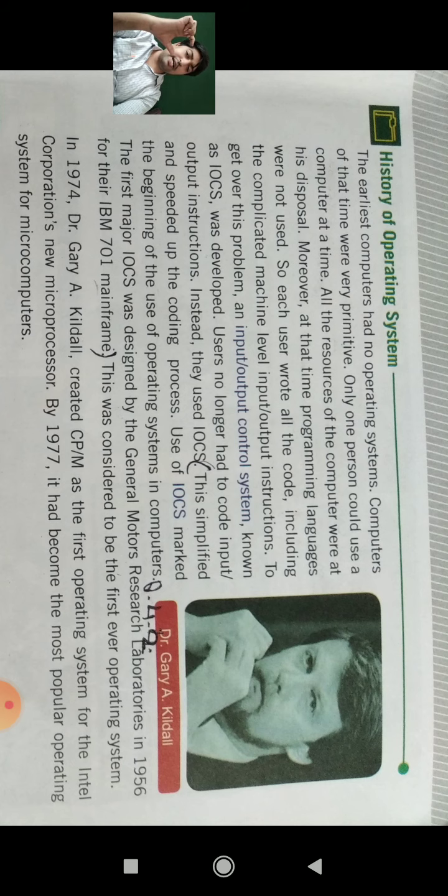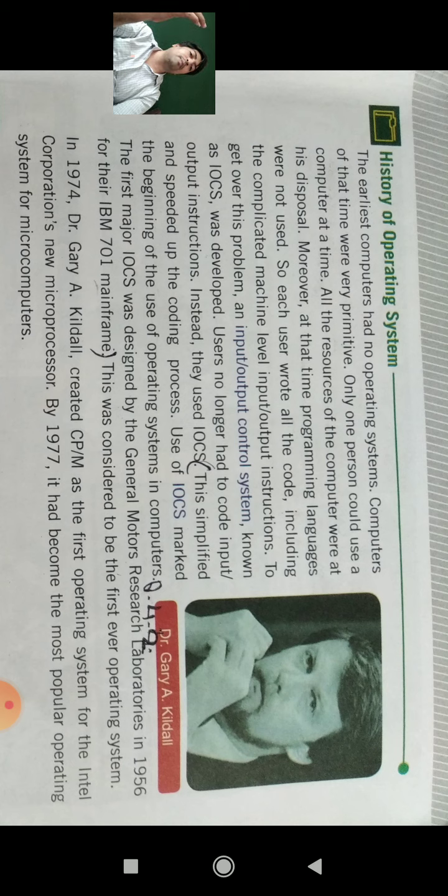So please underline that sentence and keep it in your mind. In 1956, by the General Motors Research Laboratories, IOCS was first designed for their IBM 701 mainframe. IBM was the machine, the CPU machine.